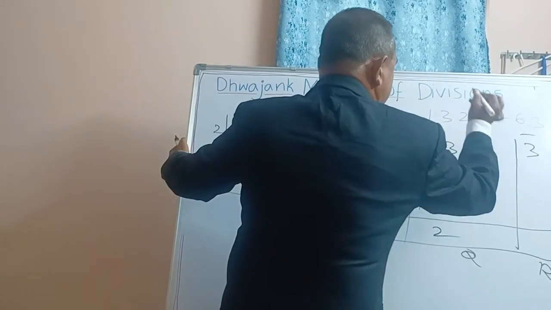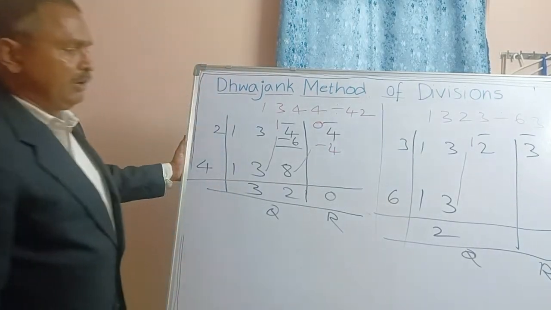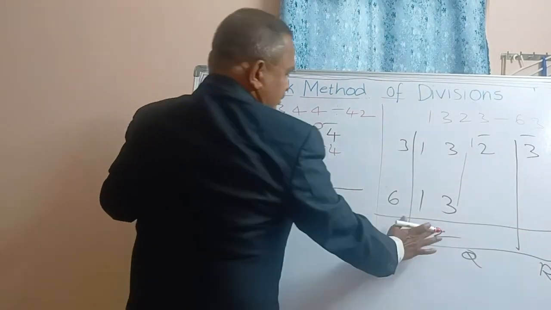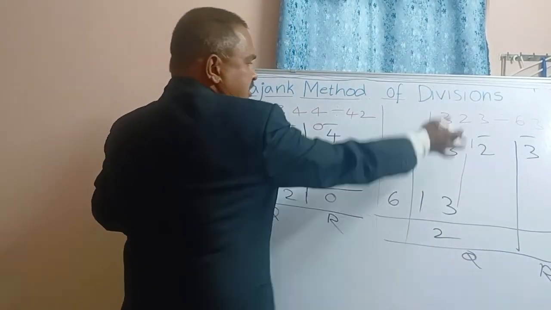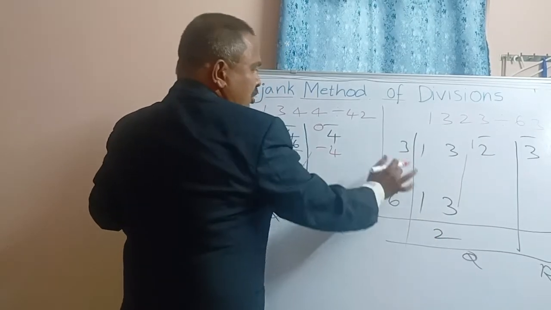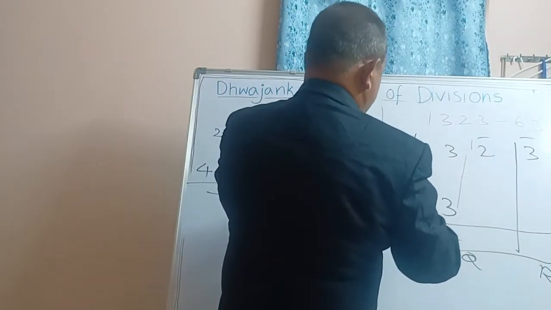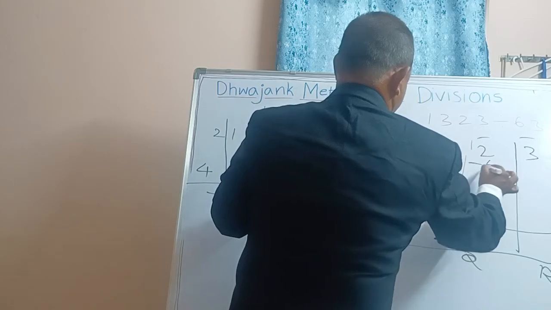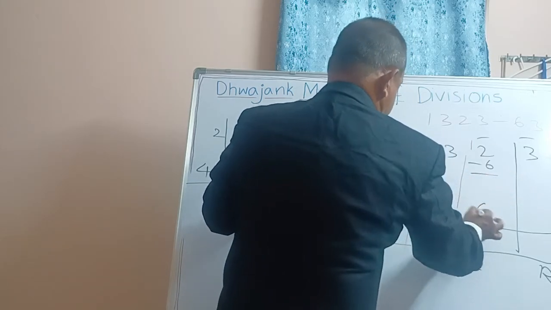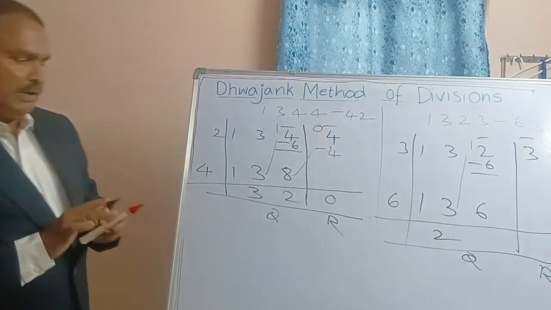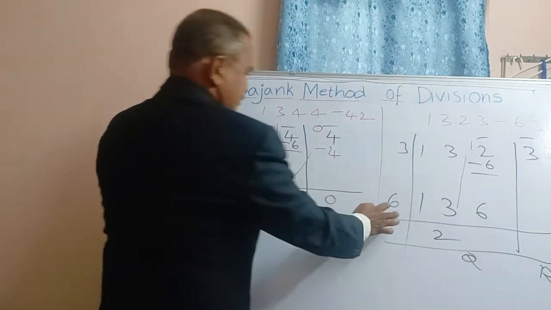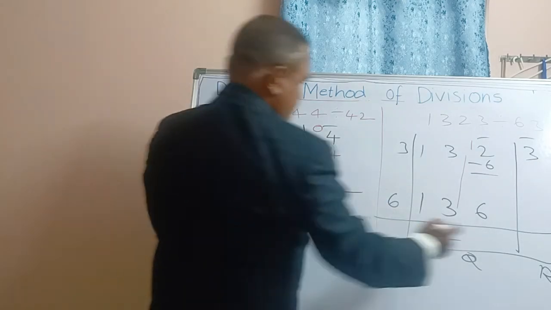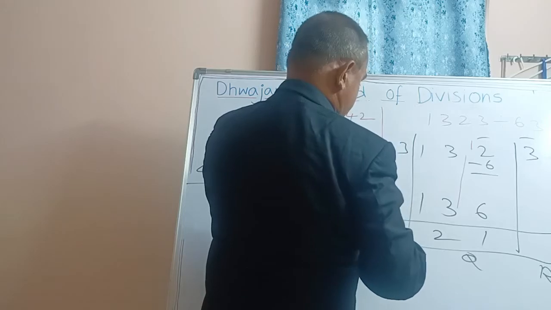Just keep 1 here. We got quotient. We have flag number. Multiply quotient with flag number and subtract from next part. 2 into 3, 6. 12 minus 6 is 6. Again we have to divide 6 by 6. 1 time.